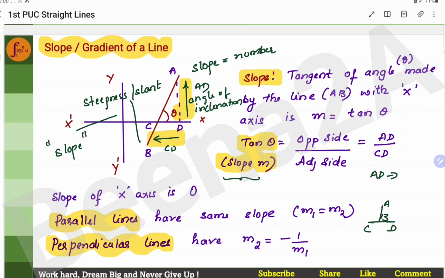When you have two lines and one is perpendicular to the other, the slope is defined as the reciprocal with a negative sign. So the slope of AB is M1 and the slope of CD is M2. Then M2 becomes the reciprocal of M1 with an opposite sign. Basically it becomes a negative reciprocal.